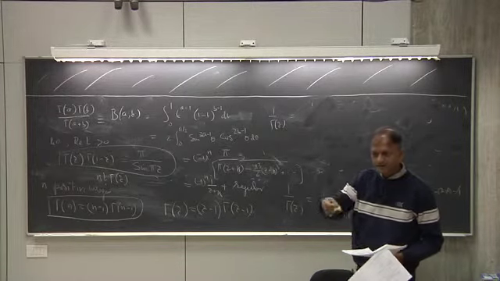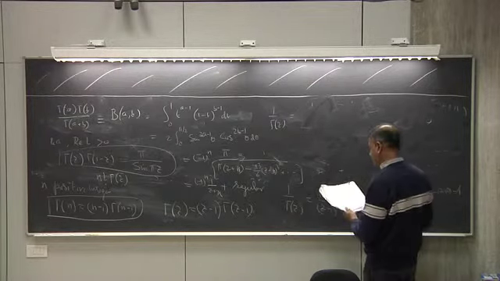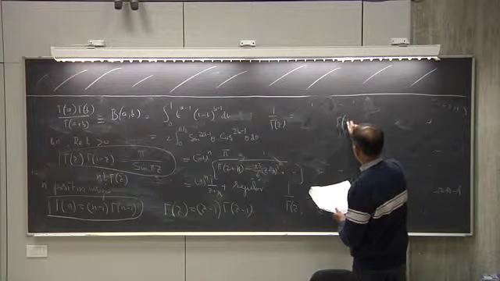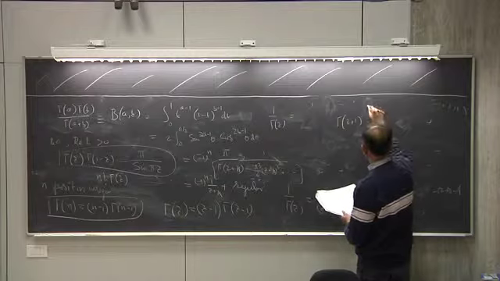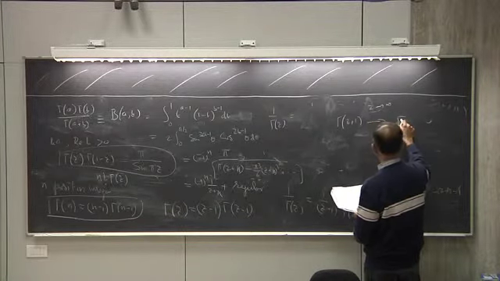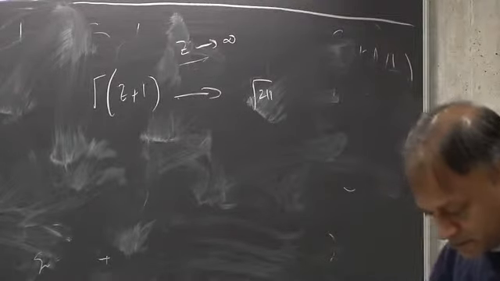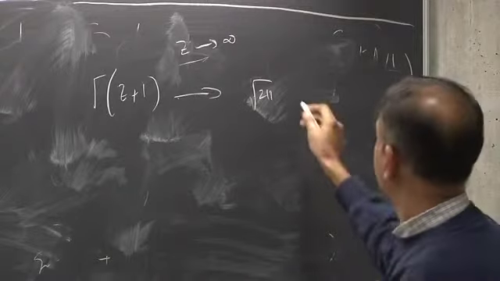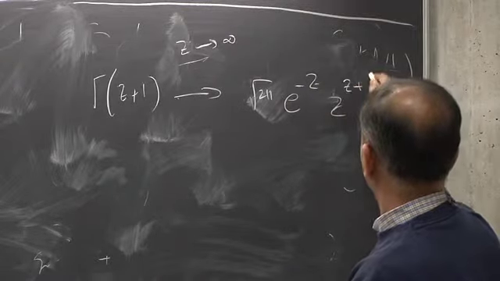That example gives you the Stirling formula, which says that gamma of z plus 1, for z going to infinity, behaves like square root of 2 pi times e to the minus z times z to the power of z plus half.